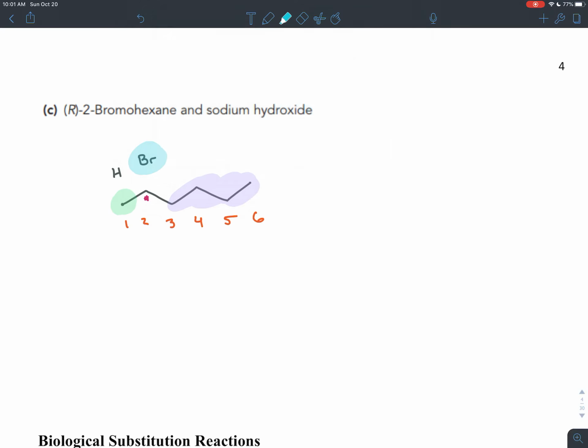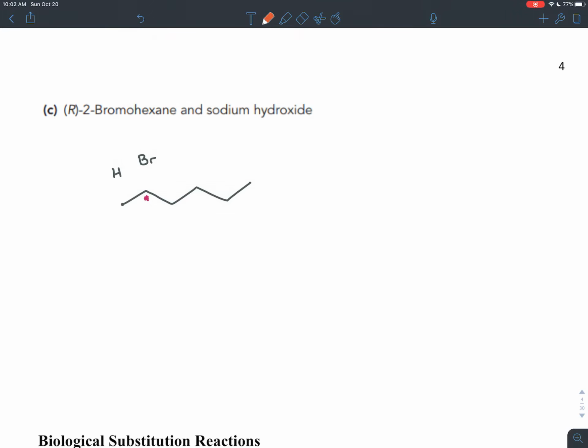That's implied. So you end up having 4 things bonded to that carbon, and so carbon number 2 is a chiral center. So we have to draw bonds to the bromine and to the hydrogen that give the right chirality for that atom. And we can see in the name that that chiral center needs to be right-handed, needs to be R.